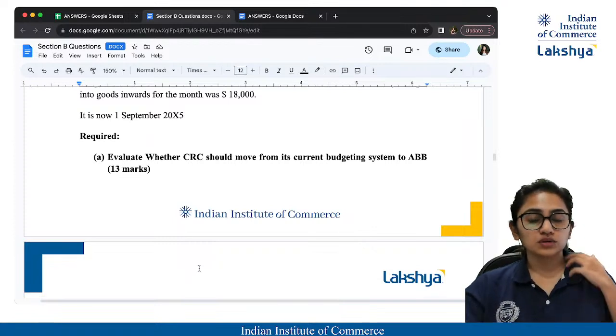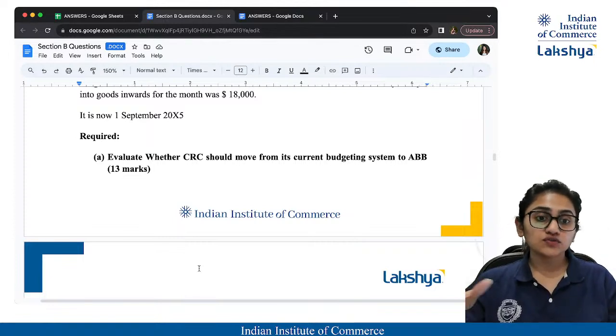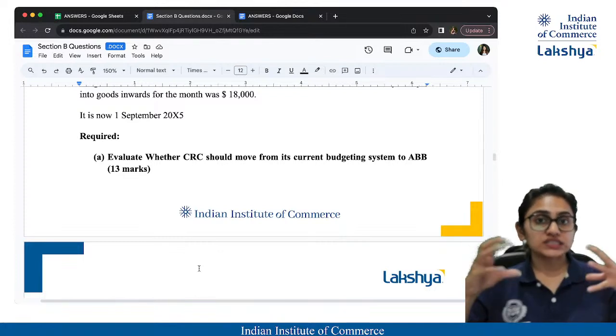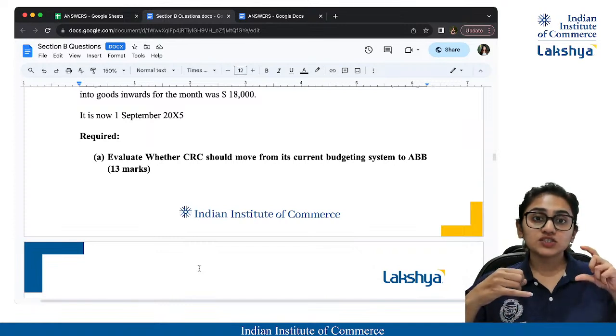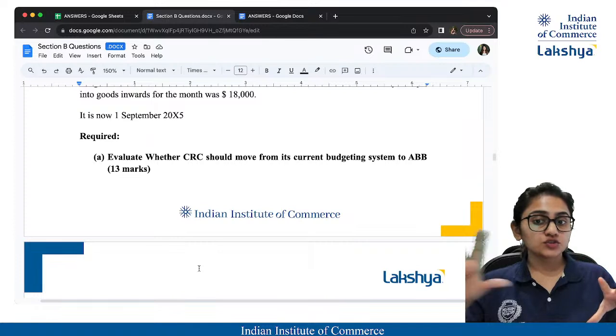So we need to give advantages and disadvantages of their system and advantages and disadvantages of ABB, that is activity based budgeting. Then we have to give them a conclusion, and based on this conclusion they can decide whether the advantages of ABB are more.